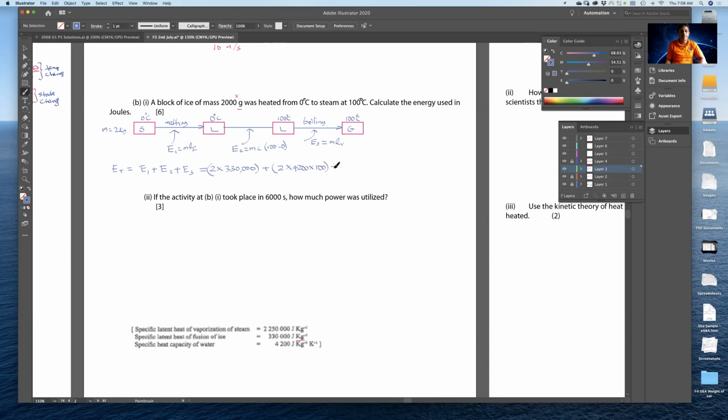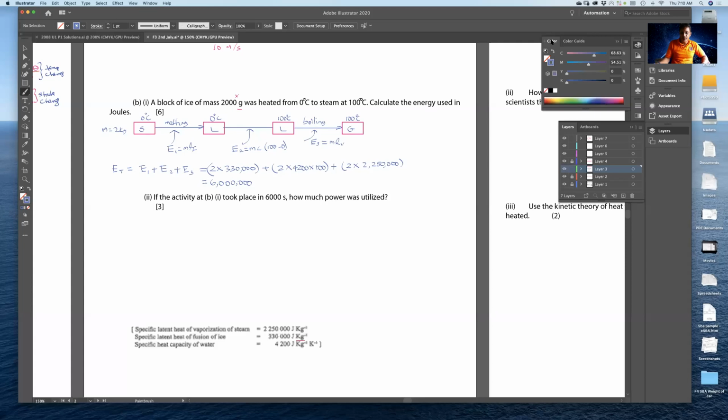Plus MLV. M is again the same 2 kilograms multiplied by the latent heat of vaporization. We see the latent heat of vaporization of steam is 2,250,000. And when we run the math, we will get all of that.